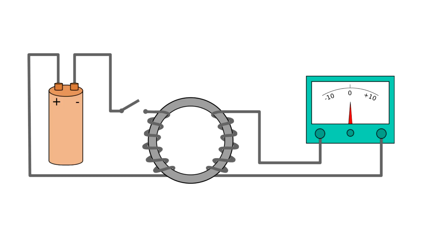In his attempt to produce an electric current from a magnetic field, Faraday used an apparatus like shown in the picture. A coil of wire was connected to a battery. The current that flowed through the first coil produced a magnetic field that was intensified by the iron core.